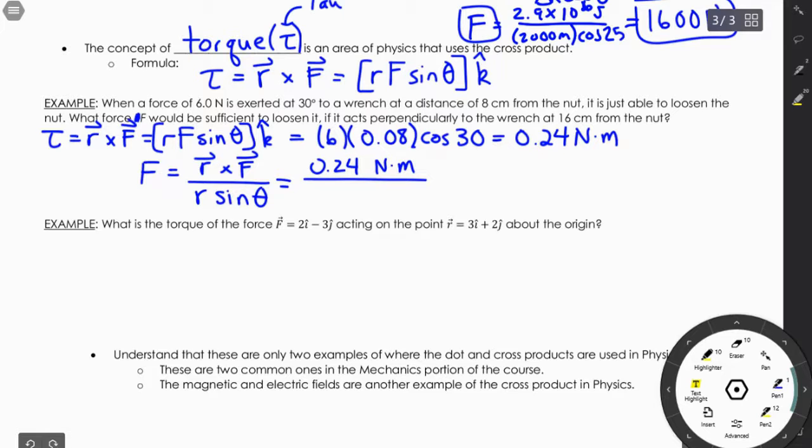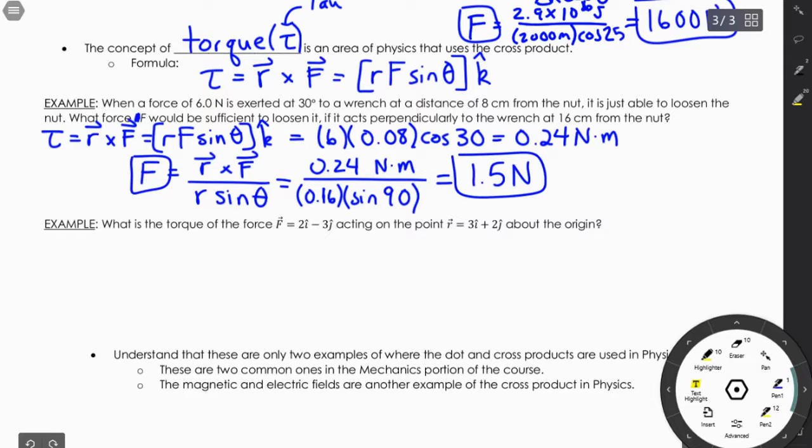It's 0.24 newton meters. We're applying it now at a distance of 0.16 meters away, and perpendicular means sine of 90. Sine of 90 is simply 1, so we're going to divide 0.24 by 0.16, and it's going to tell us that we apply a force of 1.5 newtons to loosen it.